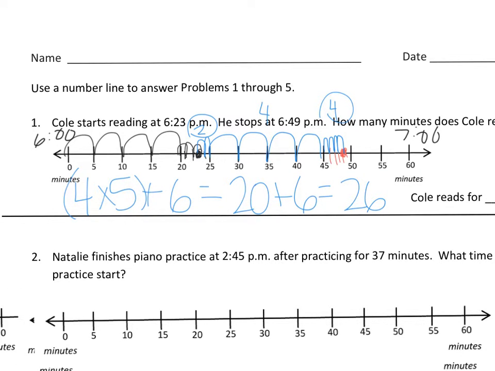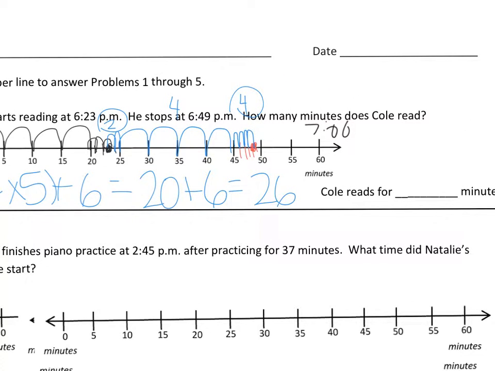Cole reads for 26 minutes. Okay, I know that was a little tricky with all of our maneuvering around, so hopefully you were able to keep on with that one, and maybe these next ones will come a little easier for us.